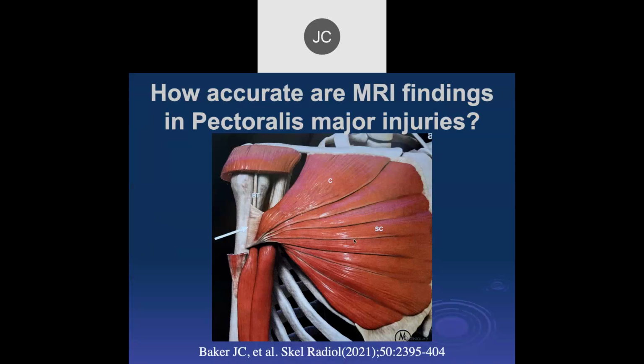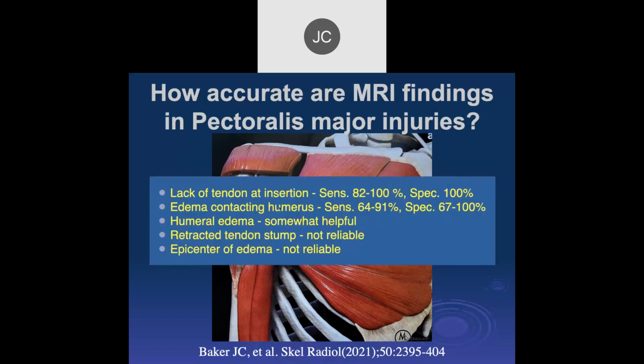So the question here is, how accurate are MRI findings in pectoralis major injuries? Anybody want to guess? I would say very accurate, maybe like 98%. If you have lack of tendon at the insertion, so you don't see it next to the bone, it's getting pretty close to 100.